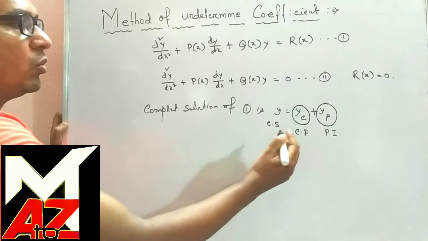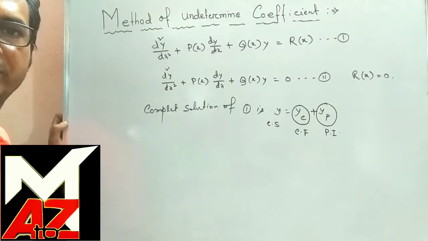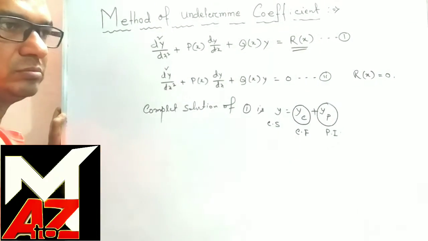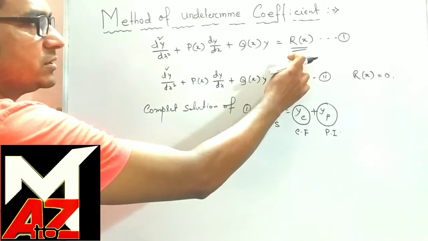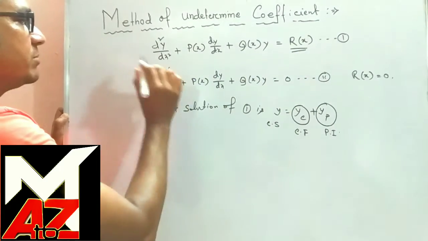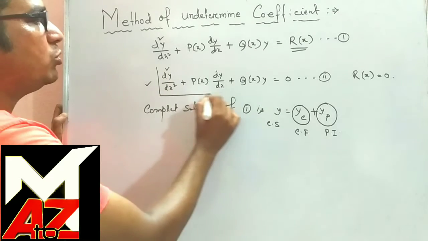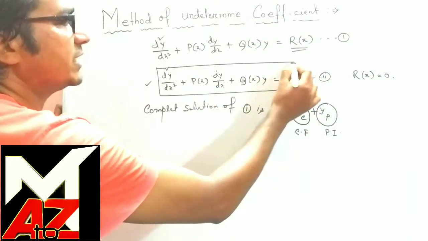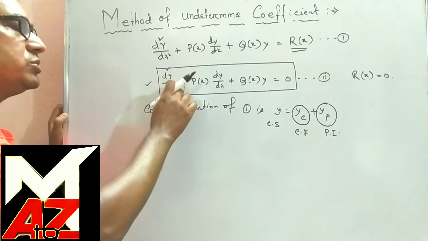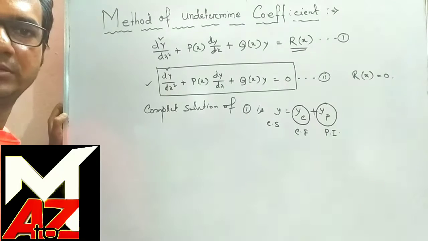Now, what is CF or complementary function? By taking r of x equal to 0, that is, if r of x equal to 0, then equation 1 becomes like 2, and this is the homogeneous second order linear differential equation, and the solution of 2 is known as the complementary function.